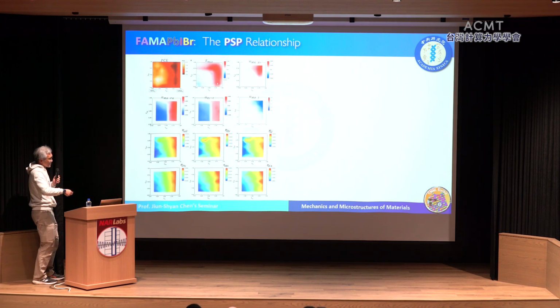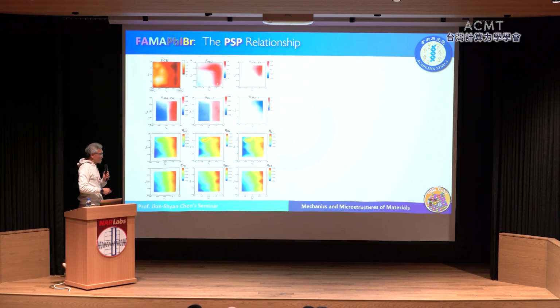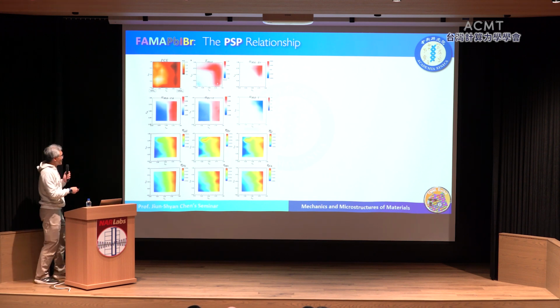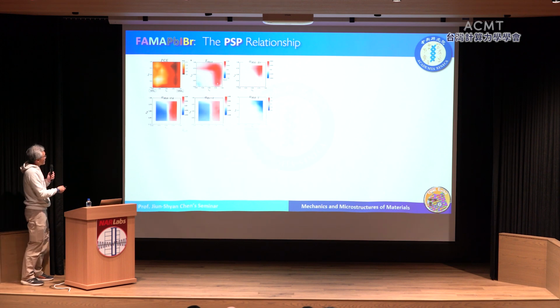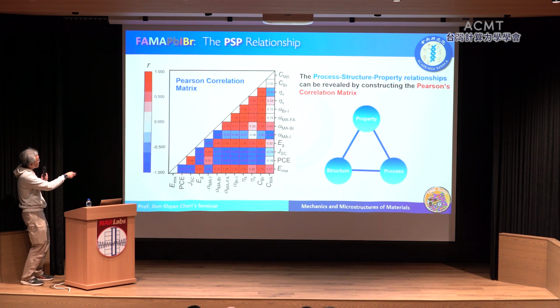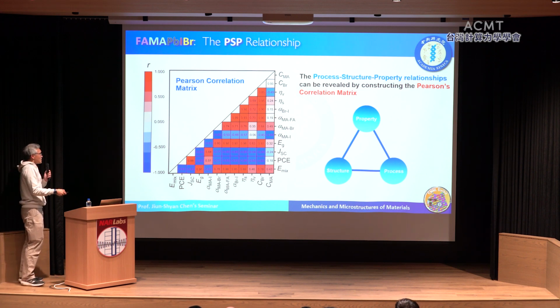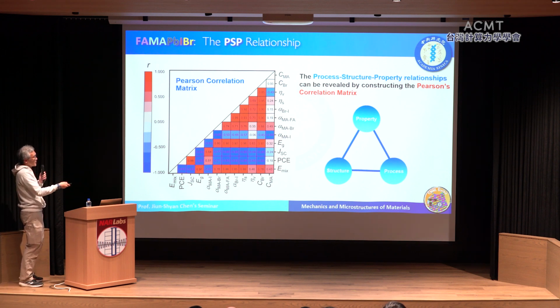Furthermore, because the neural network model is very efficient and fast, it allows us to map many physical and mechanical properties of this complex perovskite, and build a Pearson correlation matrix, which reveals the process-structure-property relationship of this material.